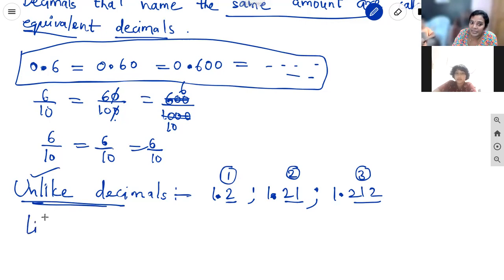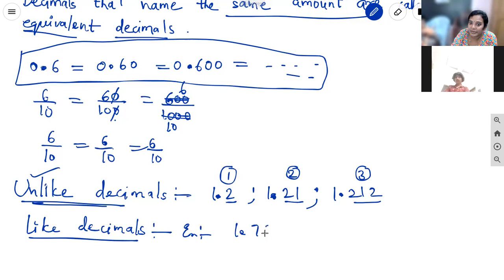Like decimals means the number of digits after the decimal point is the same in each and every decimal number. For example, 1.75 is one number, 2.32 is another number, 8.08 is another number.